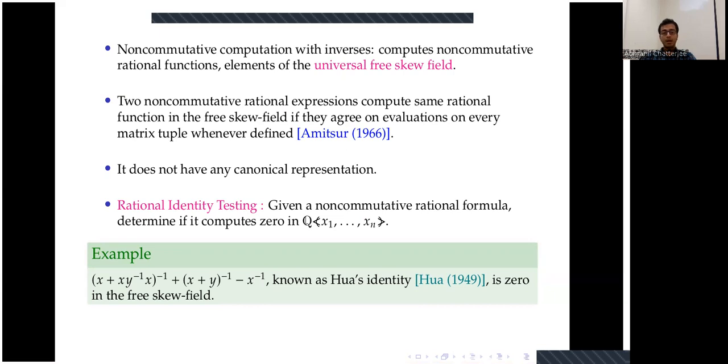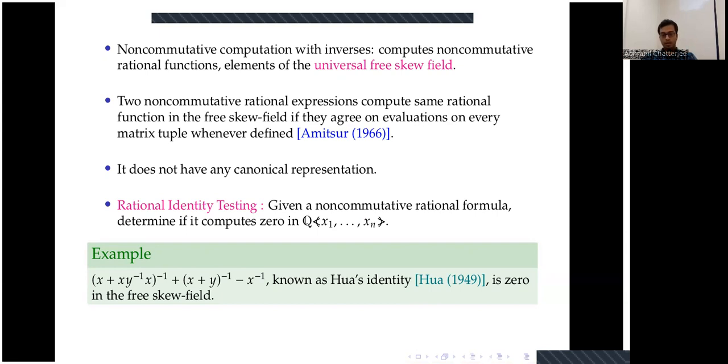So this object behaves peculiarly in the sense that they don't have any canonical representation. Unlike non-commutative polynomials or commutative polynomials or even commutative rational functions, we don't have any canonical representation for this object. And the rational identity testing problem is that given such a non-commutative rational formula, decide whether it is computing the zero function in the skew field.